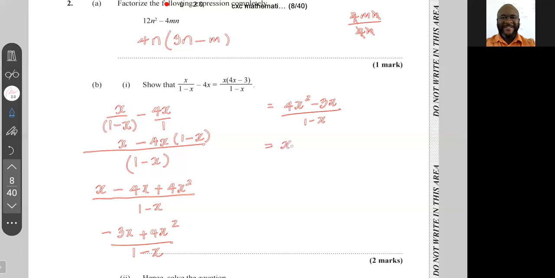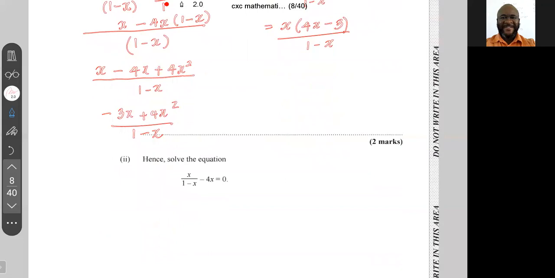So you put x outside the bracket, then you divide. x into 4x squared is 4x, and x into 3x is 3, and this is all over 1 minus x. So we're finished now because I said when you're finished, the left-hand side must become the right-hand side. We started with the left-hand side, and when we're finished, we ended up with the right-hand side.